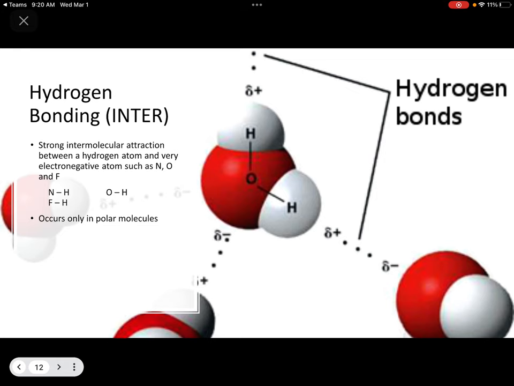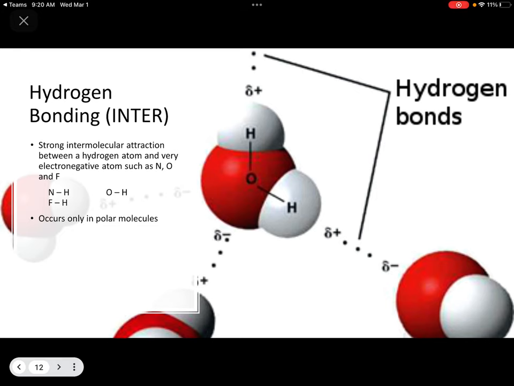For example, H2O has a hydrogen bond because of the oxygen and the hydrogen bonding together. Once again, this is only in polar molecules. So you need to determine, is it polar or non-polar? If it is polar, you're going to have a hydrogen bond or a dipole-dipole. And once again, hydrogen bonds are only between oxygen, nitrogen, or fluorine.